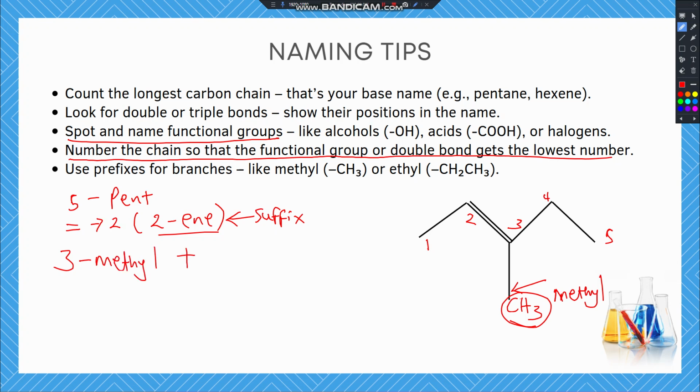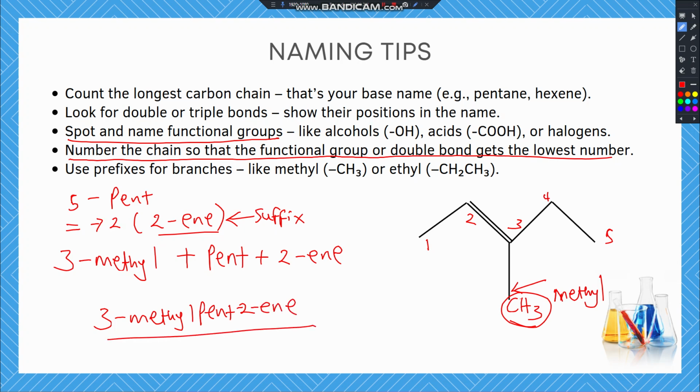So adding everything together, we have 3-methyl plus the parent name, which is pent, plus the suffix, which is 2-ene. Altogether, the name becomes 3-methylpent-2-ene. That is the name of this compound. I'm sure you saw how that works.